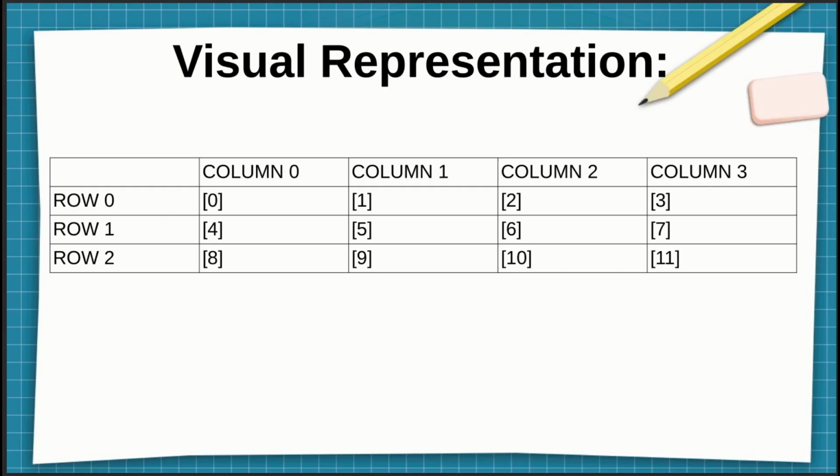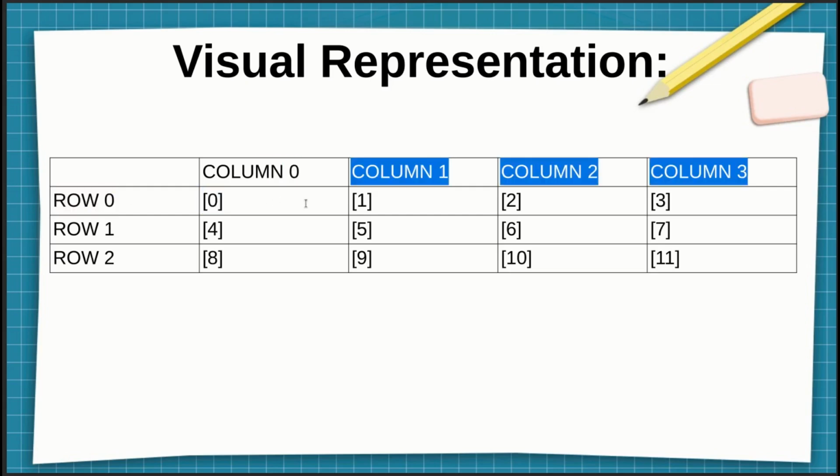To access any position in a two-dimensional array, you always need the first index. The question we're going to be answering there is, which row? That's the vertical position. You also need the second index. The first index means the specific row.